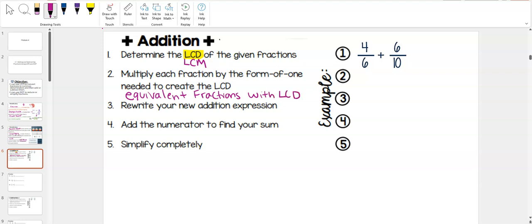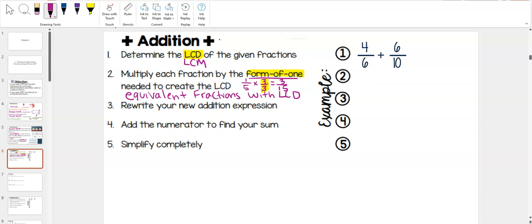Okay, and what it says here is to multiply each fraction by the form of 1 needed to create the LCD. So what they're basically going to do is they're going to take a number like 1/5 and they're going to multiply it by, let's say, 3/3. That's the form of 1 they're talking about here, because 3/3 is the same as 1, to get an equivalent fraction with the denominator that we might want.